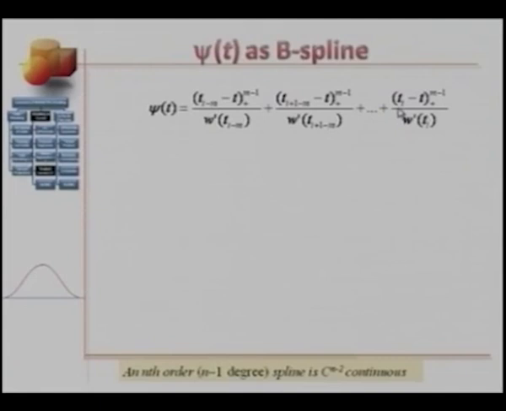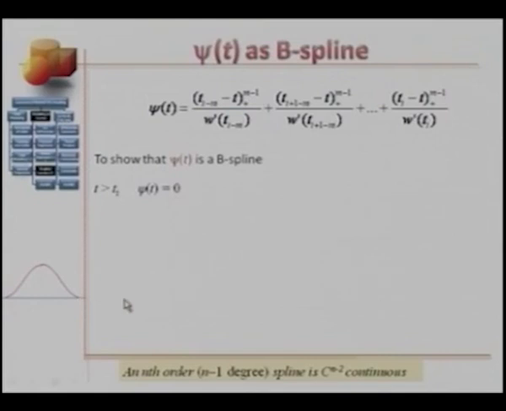The last term in the summation is (ti minus t) truncated raised to m minus 1 over W prime at ti. We will show that psi of t is a B-spline basis function. So in this figure here, ti is this knot here, and t(i minus m) is this knot here, and all the other knots are intermediate knots. So for t greater than ti, psi of t is equal to 0.